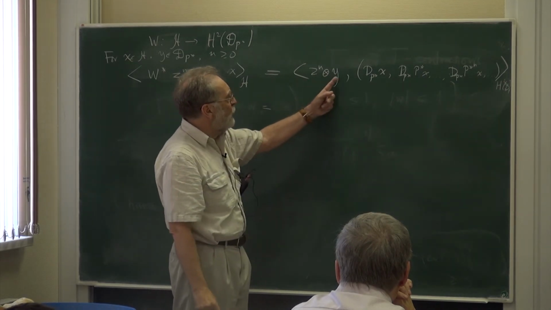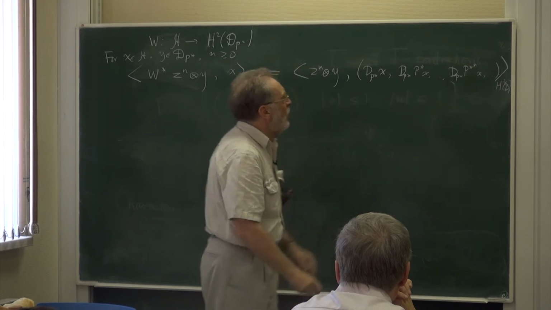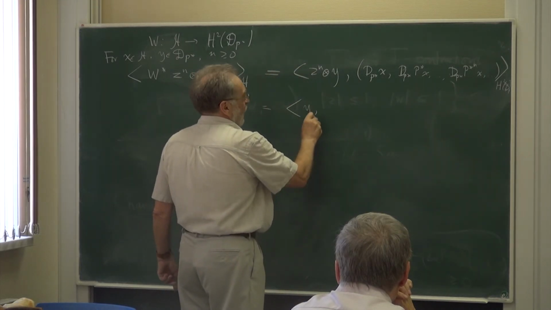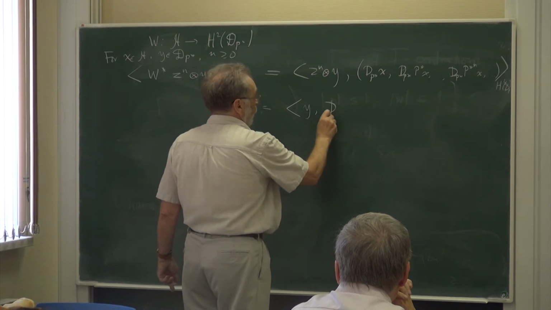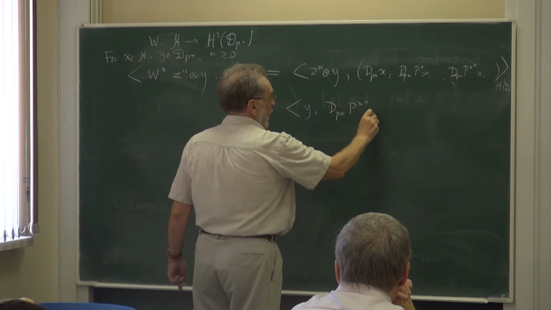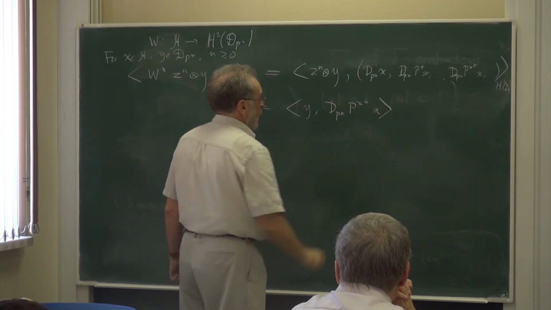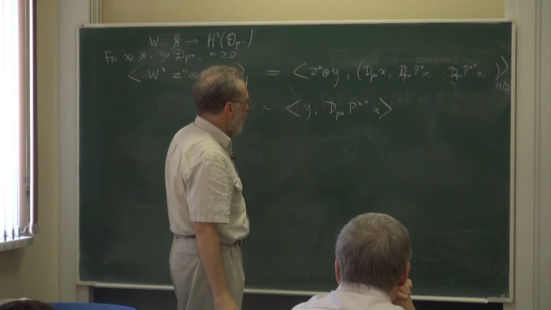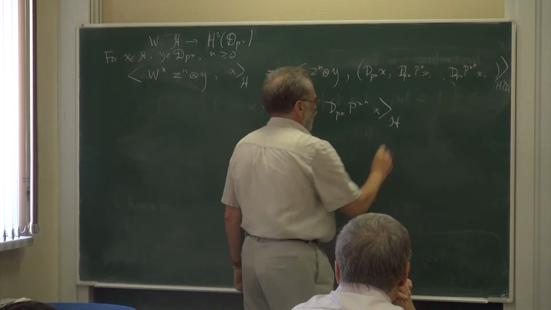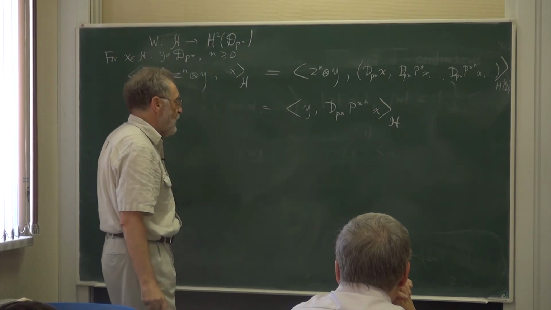All that happens is that you pick out the term corresponding to Z^n, and that would be in D_P*, but that's the same as in script H, of course, just a subspace.